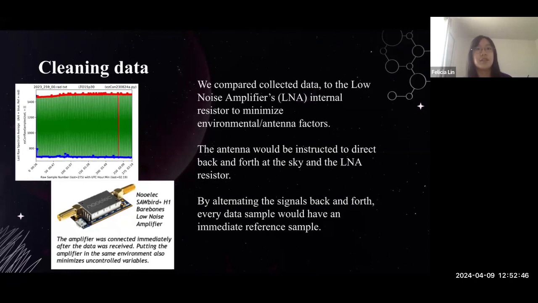That can filter out some of the environmental factors, such as noise from cars or cell phones, or machine efficiency from the weather. For example, when the weather is colder, the antenna would work better, but the resistor would also be cooler, so it serves as a reference to filter out some of that noise.